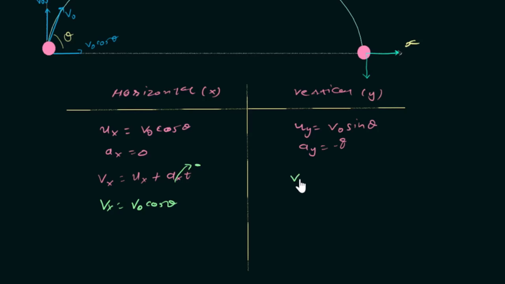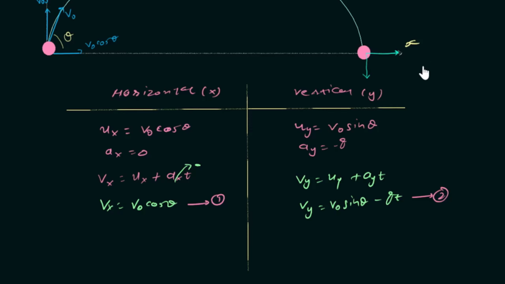And vy equals uy plus ayt, so I can write vy equals v naught sin theta minus gt. You can take these equations as equation number 1 and 2.